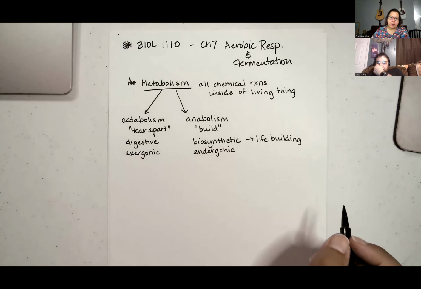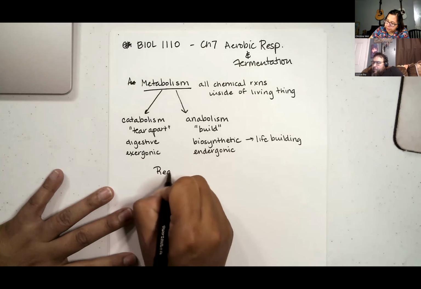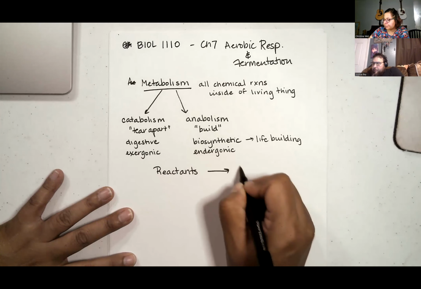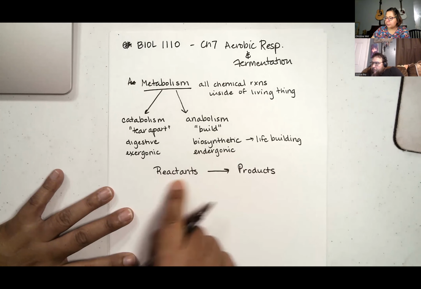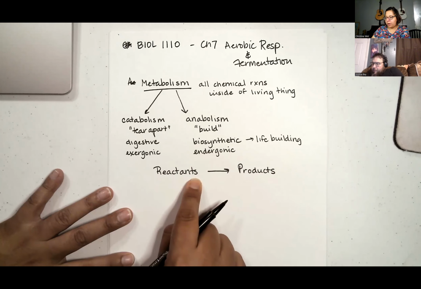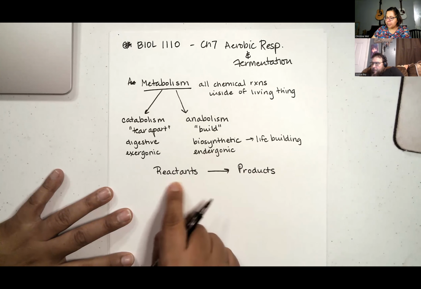Now, a quick thing about chemical reactions in general. When you have a chemical reaction, it's divided into two halves. You've got some stuff on this side of the arrow, pointing away from the arrow, and then you have some stuff that the arrow is pointing to. The stuff that you start with, your starting material, is called reactants.